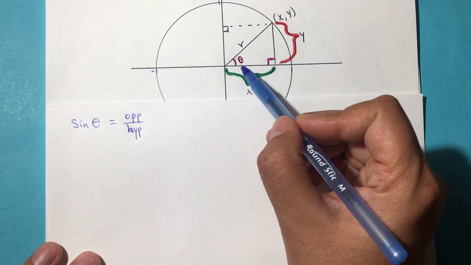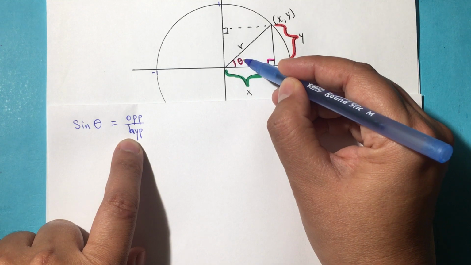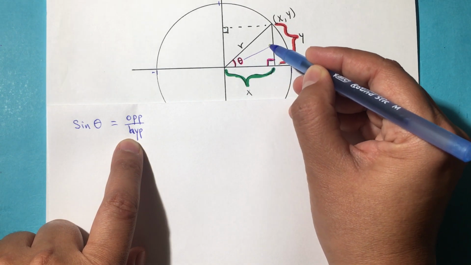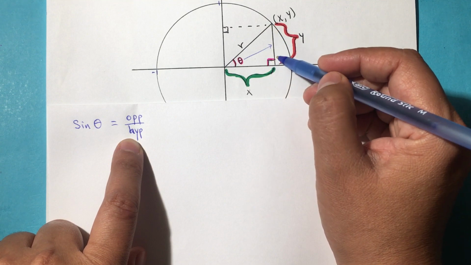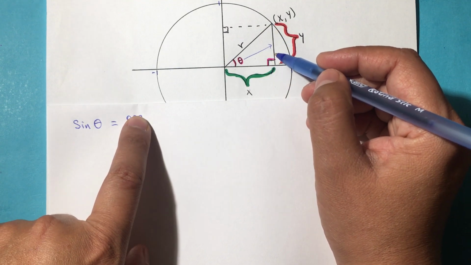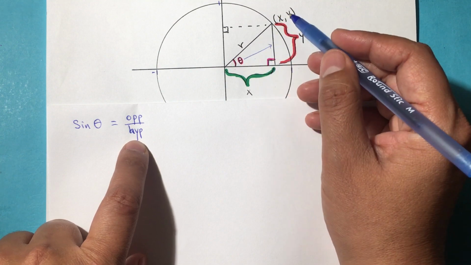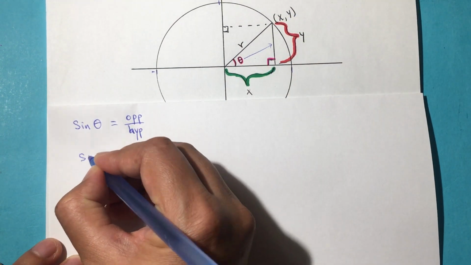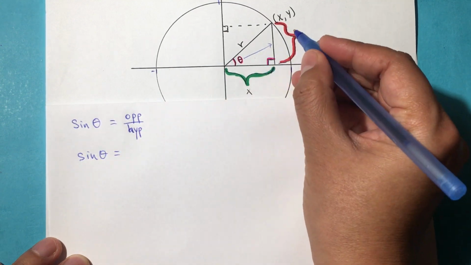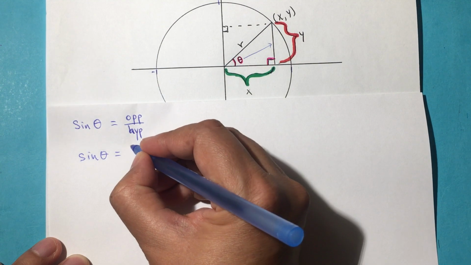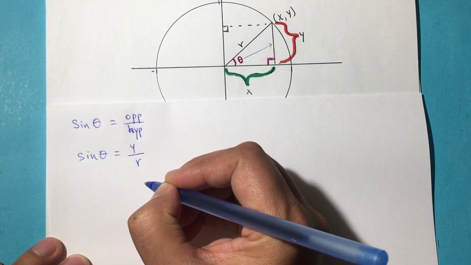And so when you're talking about the opposite over hypotenuse, opposite is straight across from your angle, right? So it will be this value, which will be y. And the hypotenuse is the longest side in that triangle, so that will be the r, which stands for radius. Okay, so sine of theta is equal to the opposite, which is y, over the hypotenuse, which is r.